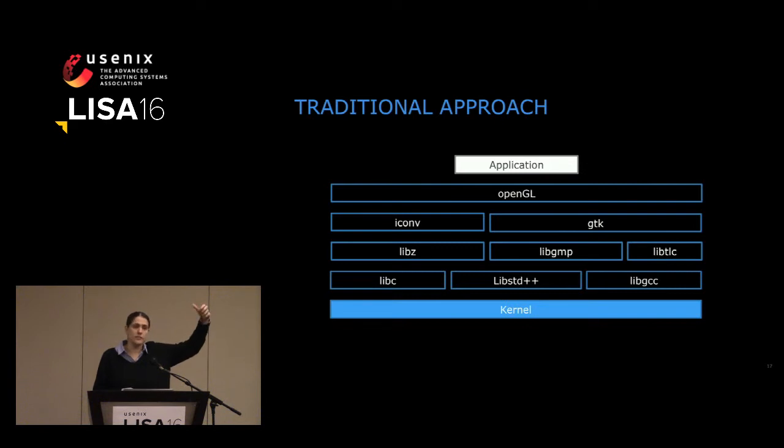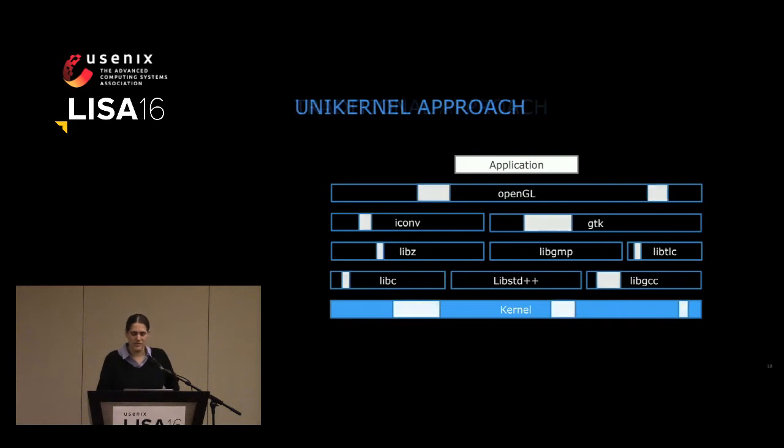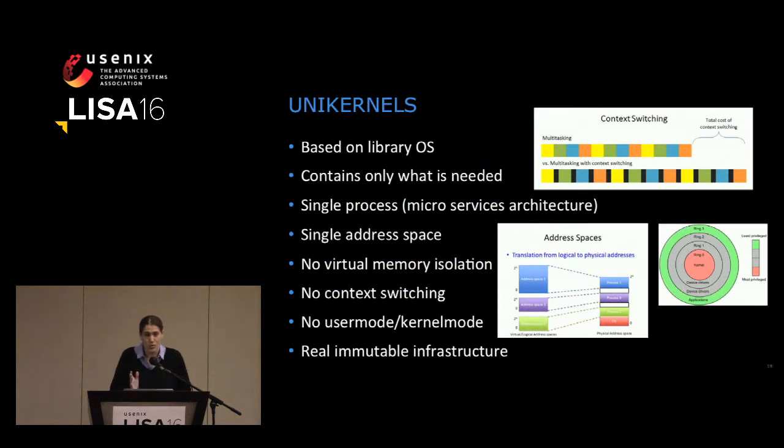For instance, if it doesn't need a floppy driver, I'm not going to put it there because it's a waste of resources. And I will take only what the application is using. If it's not using network, guess what? I'm not going to have the driver for the network. And then basically wrap it as an operating system. So in the Unikernel approach, you take only what you need from those libraries, not all the libraries, only what you need from the kernel, and basically wrap it as a Unikernel.